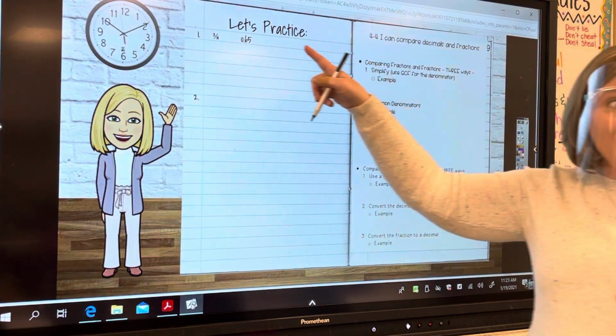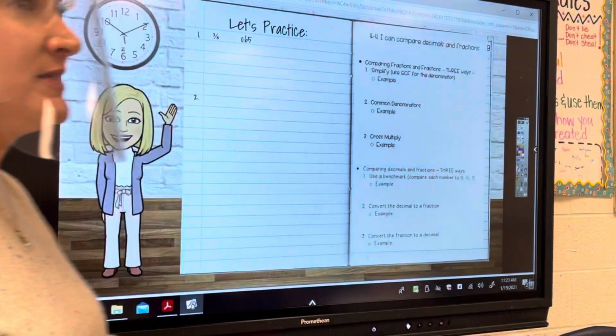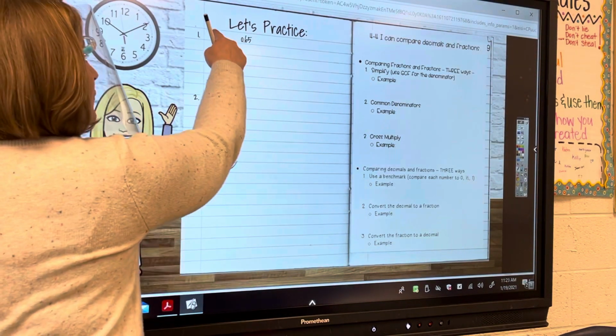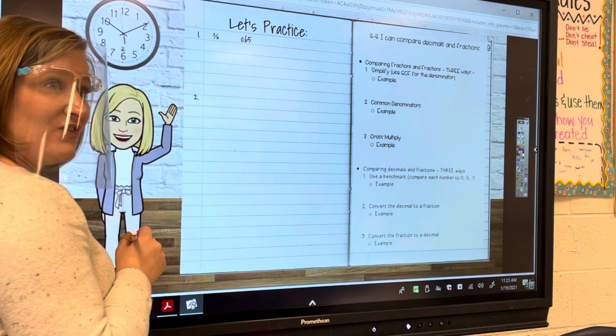We have 3/8 and we have 65/100. 3/8, is that less than or greater than a half? Less than. Less than a half. 65/100, is that less than or greater than a half? Greater.